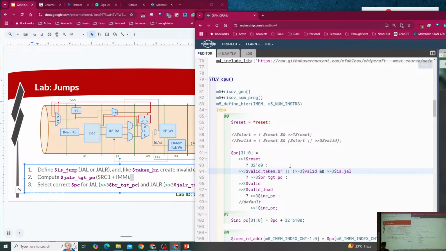Defaults. So I guess if we're not valid, it shouldn't actually matter. We should be correcting the PC for any situations that put us in a branch shadow. So let's be daring and not worry about that. All right, and then add the case for is JALR.